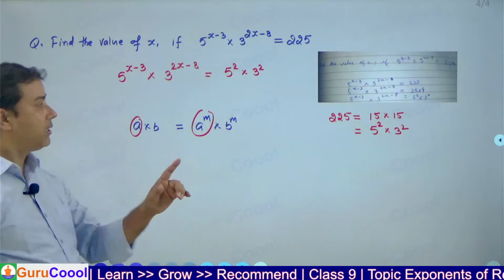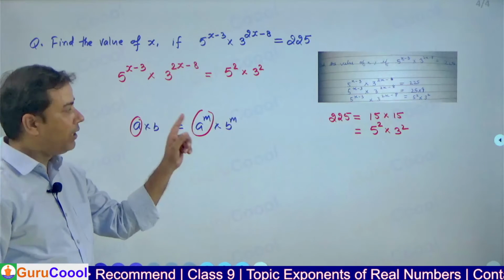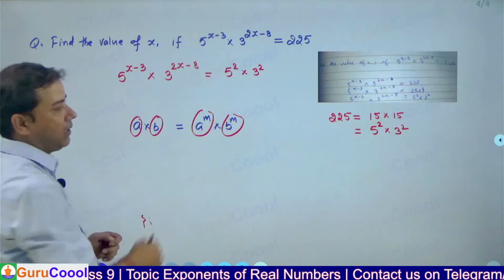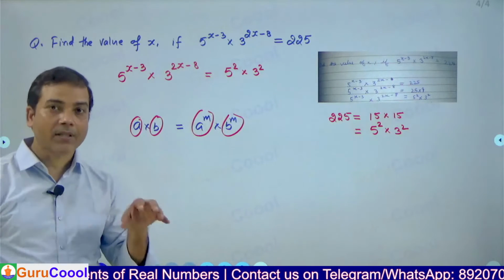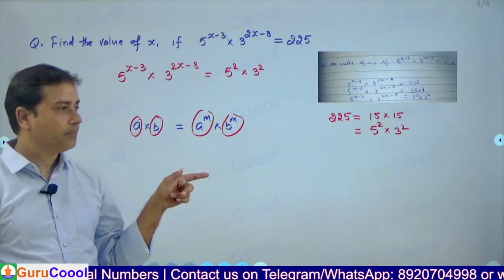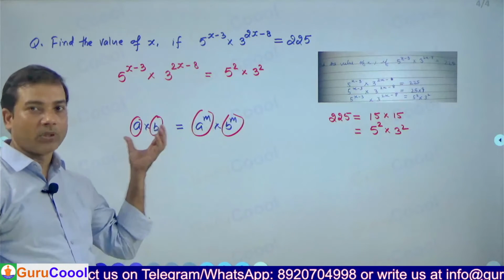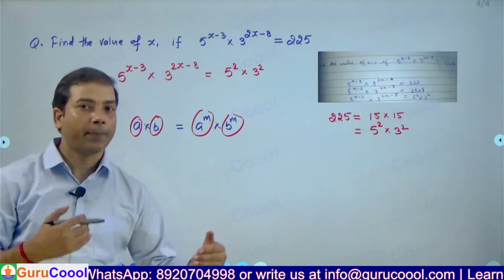Notice. This is the trick for this question. Not only the whole base on both sides, but we can compare their factors separately.